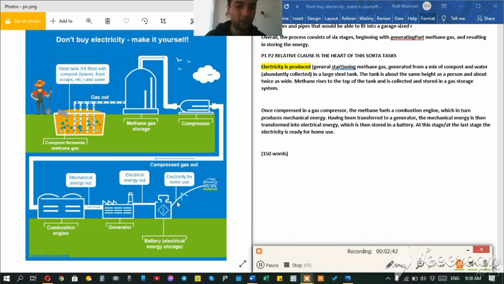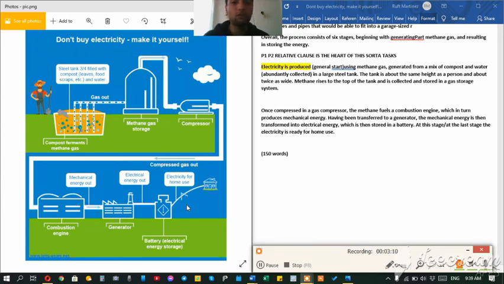So electric energy is stored in a battery and is ready. At the last stage, the electricity is ready for home use. That's it. That's how we use all the information in the picture, and we cannot miss any information. If you can see the information, convert it to a sentence using your P1, P2, relative clause and connectors.